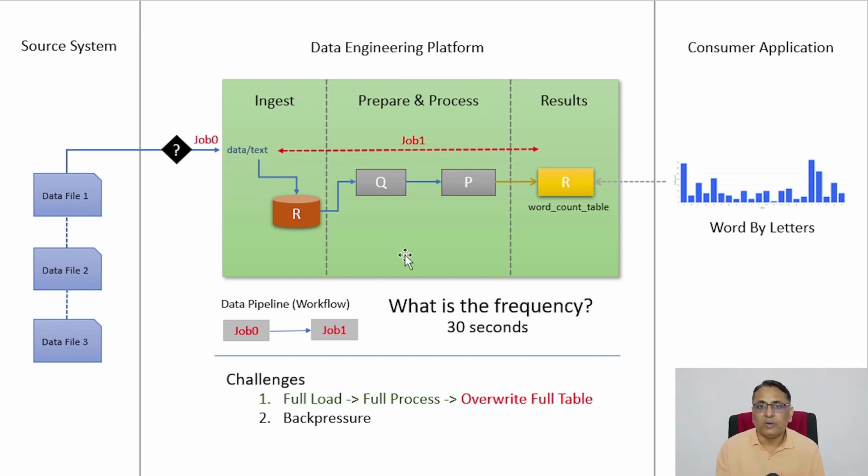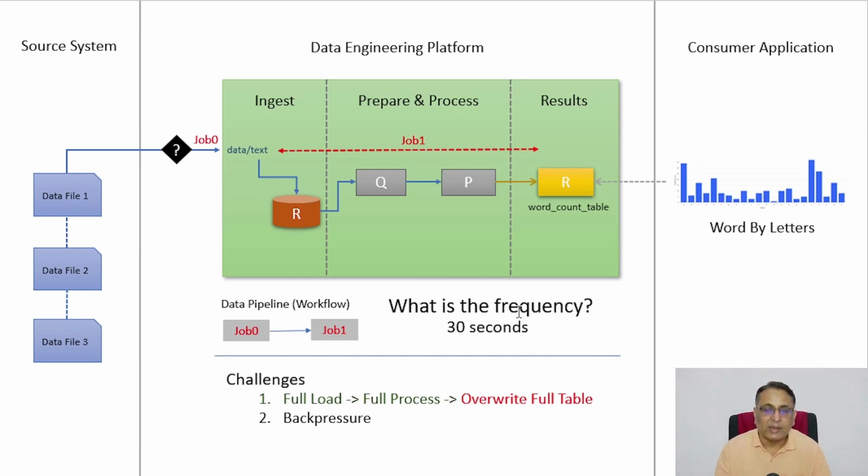So what we are doing here, we are loading the full data set from the landing zone, processing the full data set, and finally overwriting the result into the target table. So everything from top to bottom, from beginning to end, is a full load process. With time, your data volume keeps on increasing, and then achieving 30 seconds or even 15 minutes may be impossible.